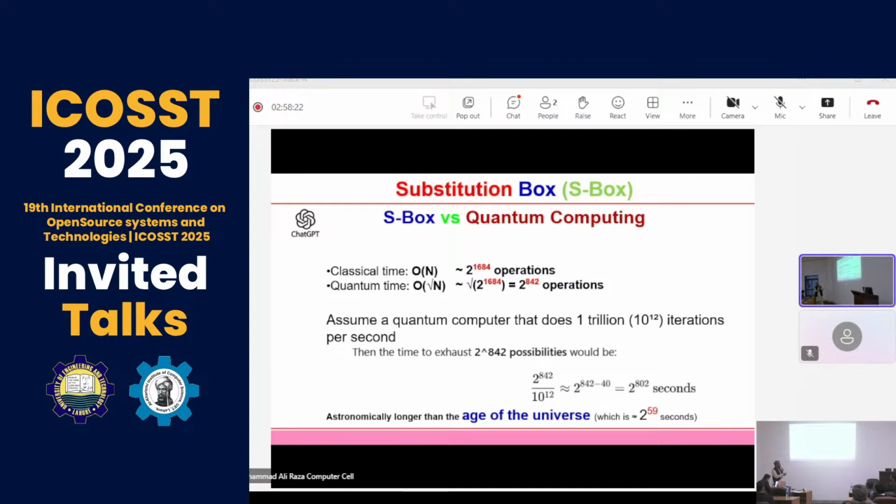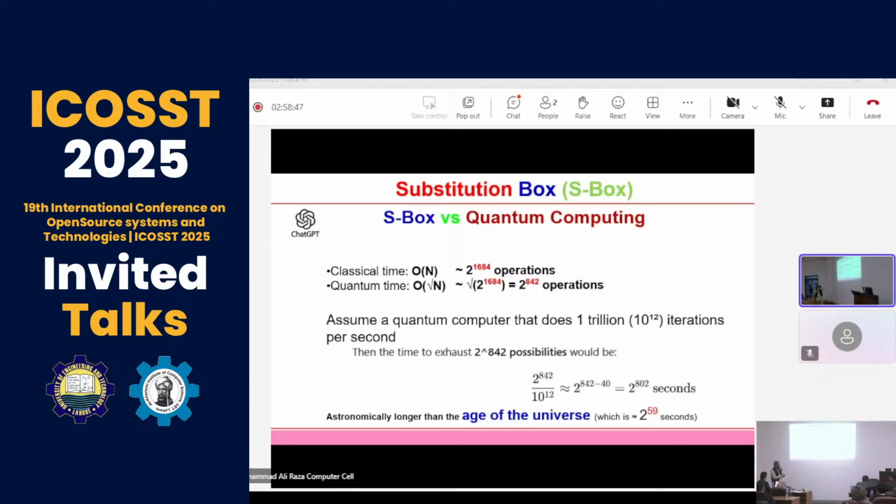So if a quantum computer can perform 1 trillion operations per second, that is 10 raised to power 12, which is about 2 raised to power 40.